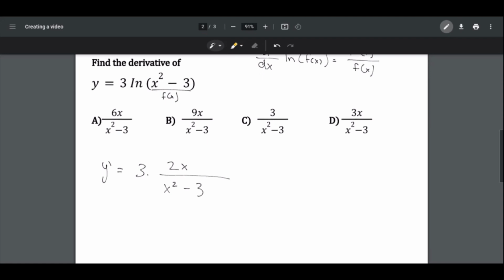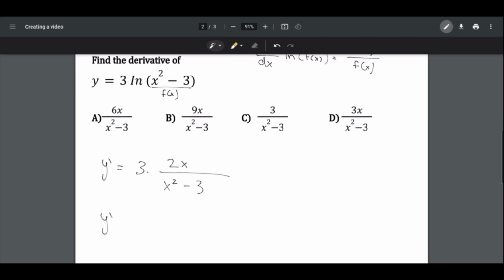And now we're just going to simplify it. So 3 times 2x is equal to 6x over x^2 - 3. So our answer is A.